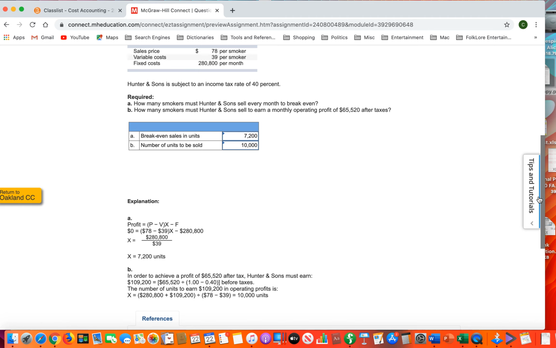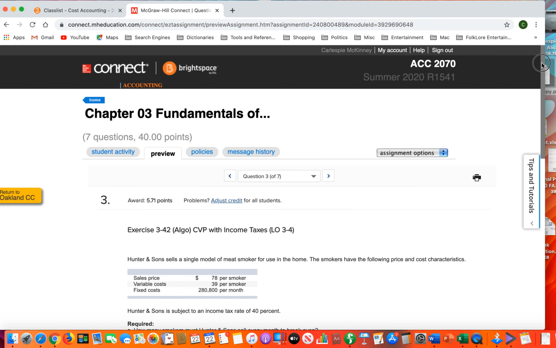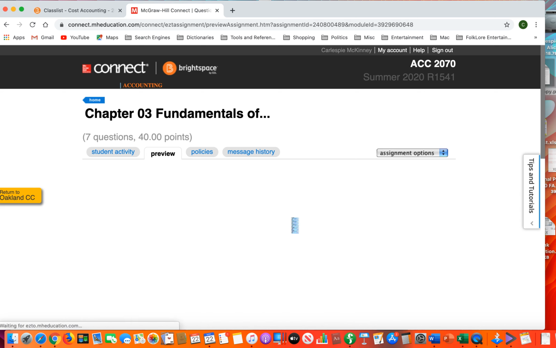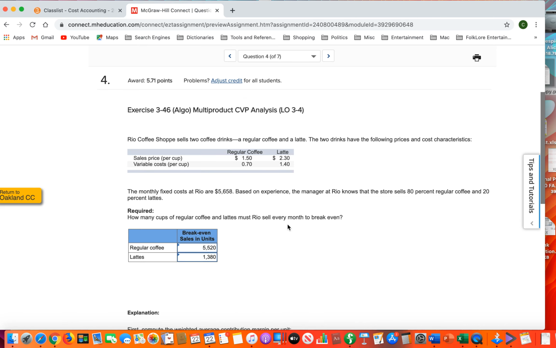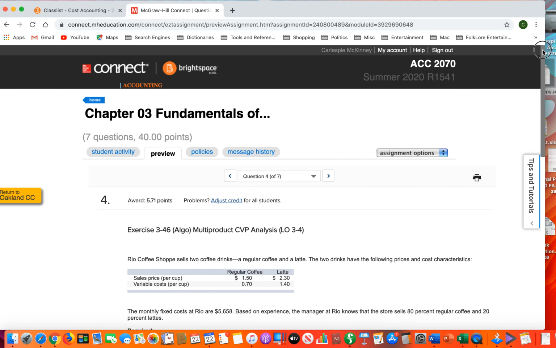And you add that to the fixed cost, as you see here, and divide it by 39, which is the 78 sale price minus variable cost of 39. Okay, all right, 10,000 units. Okay, number 4, we have mixed or multiple products.